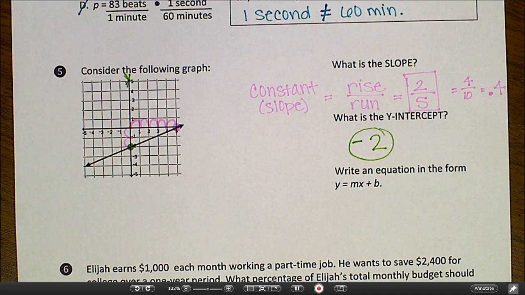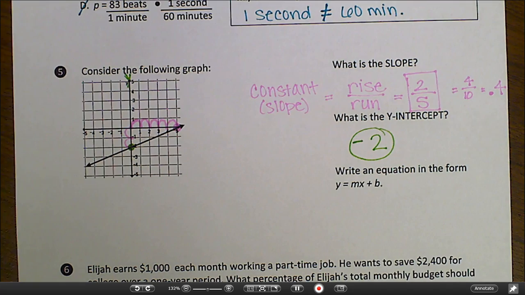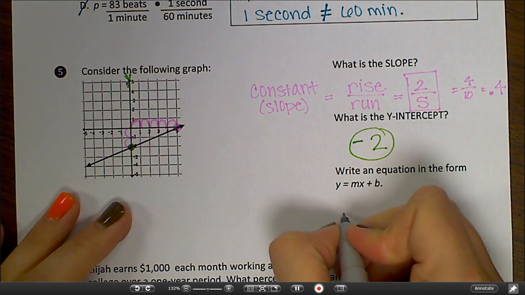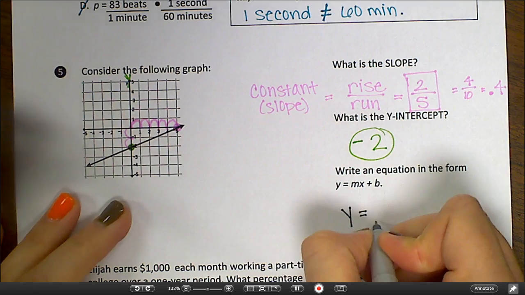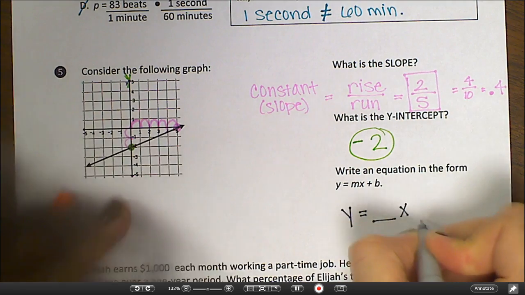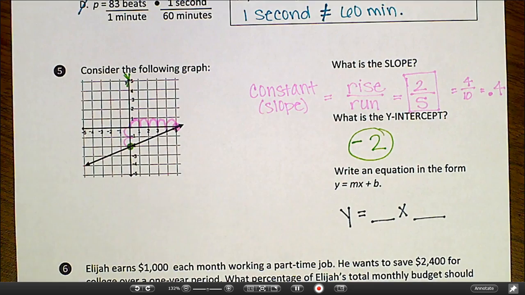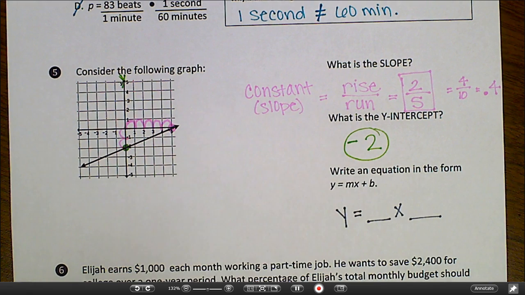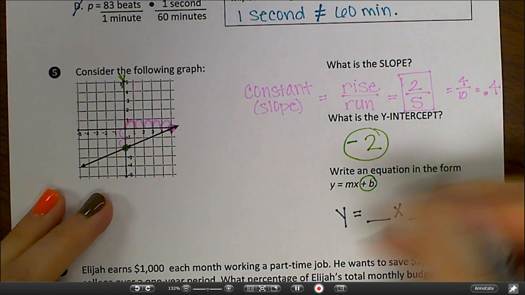So remember that when we go to write our equation, we always have to write the equation in this form. I bet you remember it. It always has to be y equals something x something. Y equals mx plus b. Well, here's my plus b.